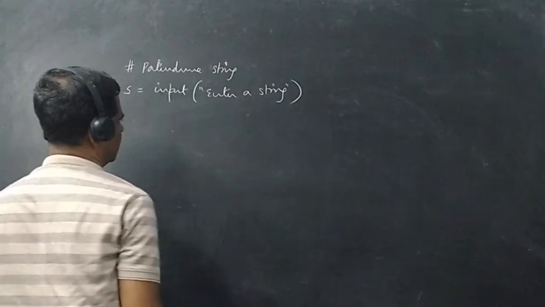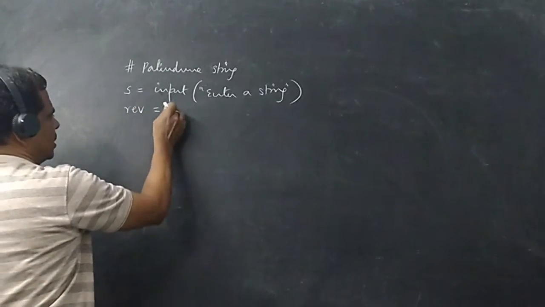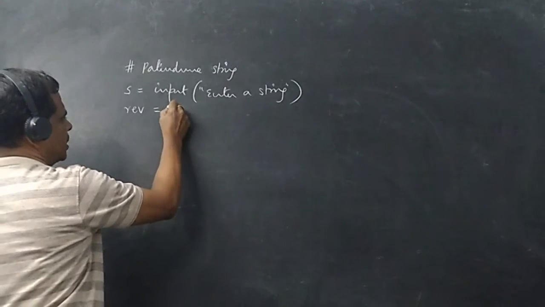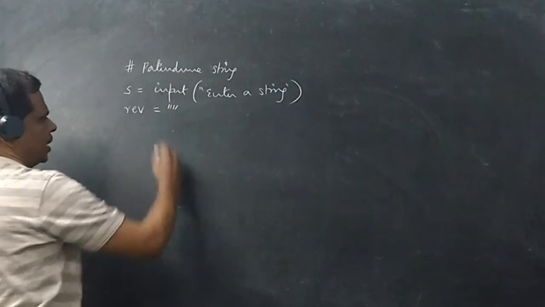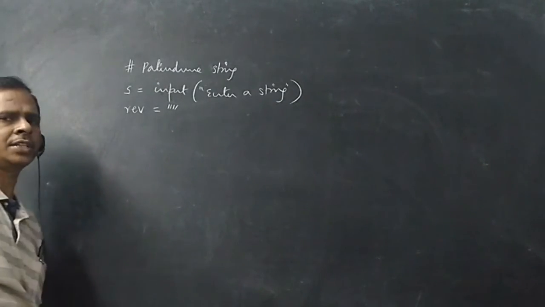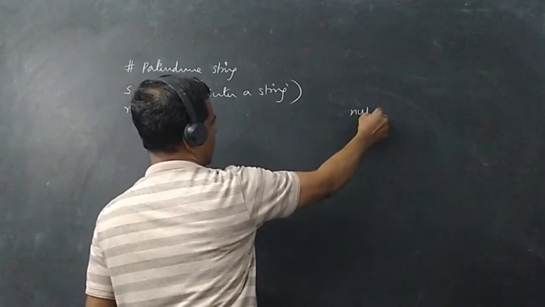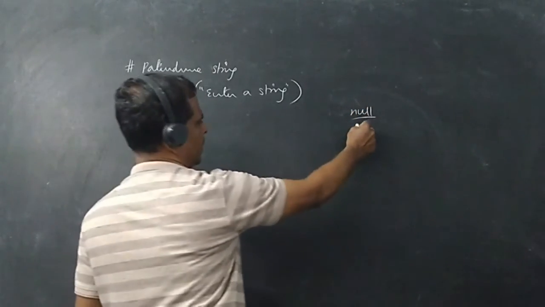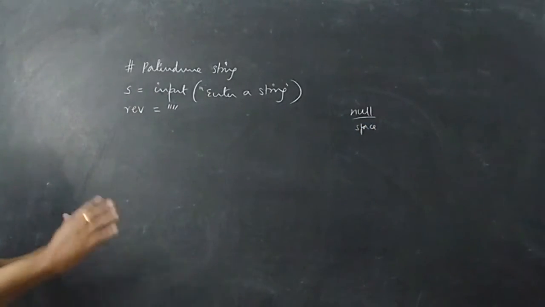Here I am going to take a variable called reverse because I want to make the reverse. I gave in the reverse two double quotes. If I give two quotes closely without any space, it is called a null. Null is different from a space. I have not given a space. I gave a null. Null in the sense nothing.